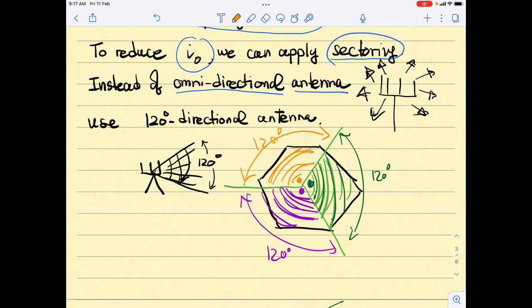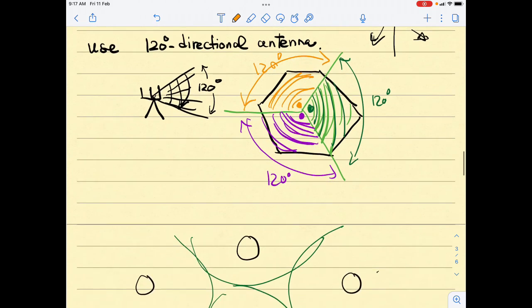So each antenna will provide a different set of frequency channels. So the number of channels in a cell will be further divided into 3 sets. Okay, so this is going to be even less efficient, but there's going to be weaker or less interference as well.